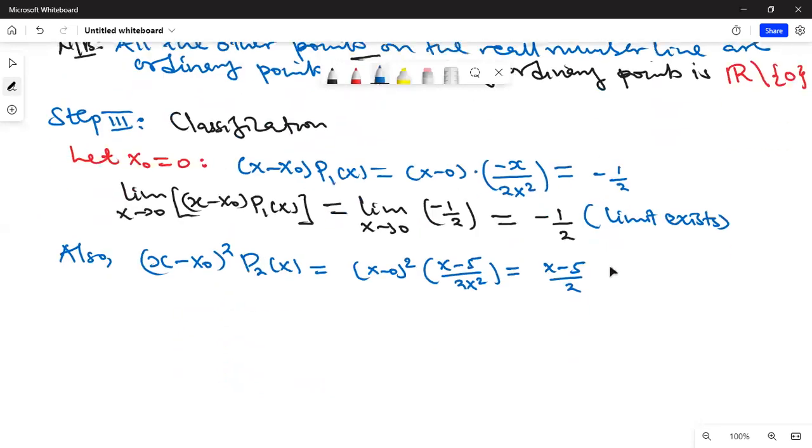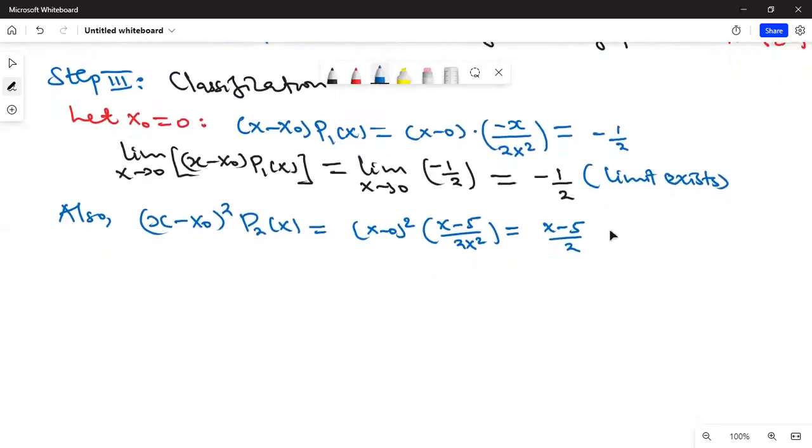And so now take limit as x approaches x naught, which is 0 in this case. So we now have limit as x approaches x naught of x minus x naught squared times p2 of x.